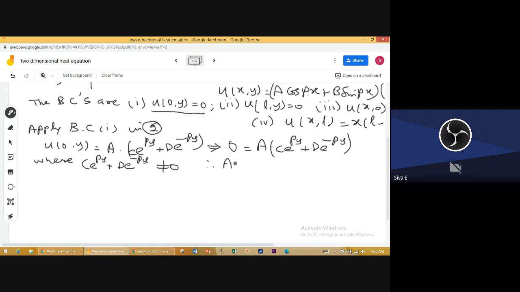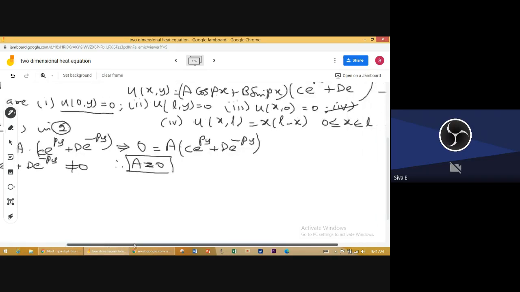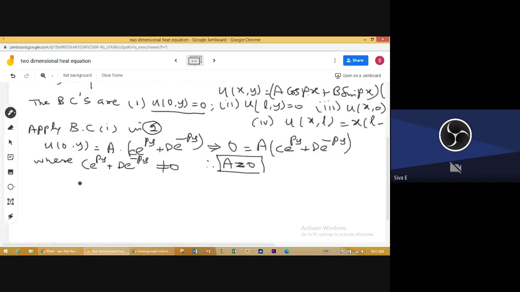Therefore, the only possibility is a = 0. Because if c e^(py) + d e^(-py) is 0, then u(x, y) is fully 0, so that is not possible. Therefore, we can take a = 0. Substitute a = 0 in 2.